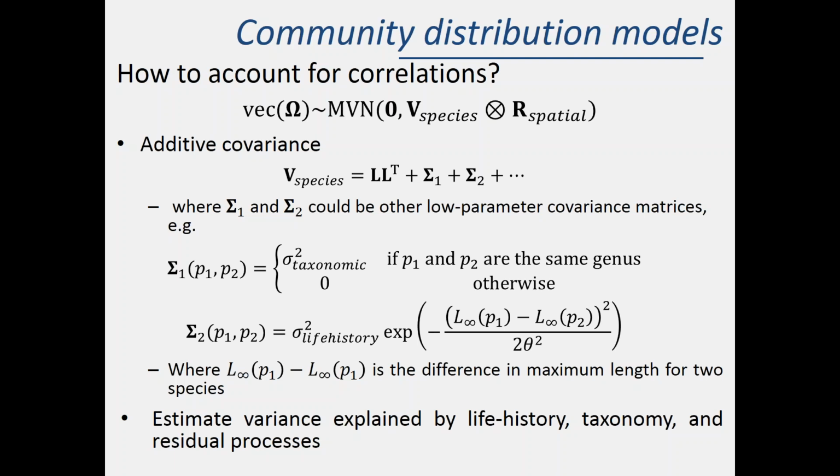So I think this is the power of thinking about additive covariance in these joint models. And it's something I don't think anybody's really done or published. So it's kind of wide open. Any questions about that?